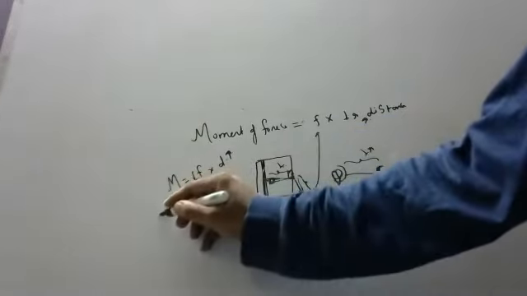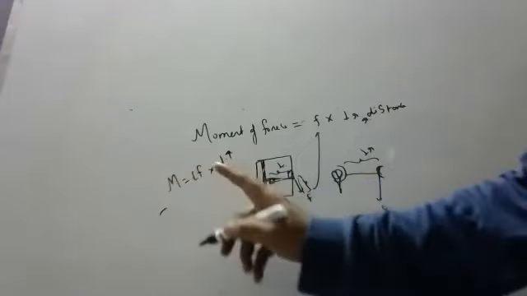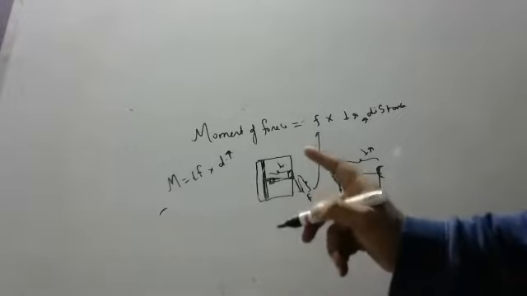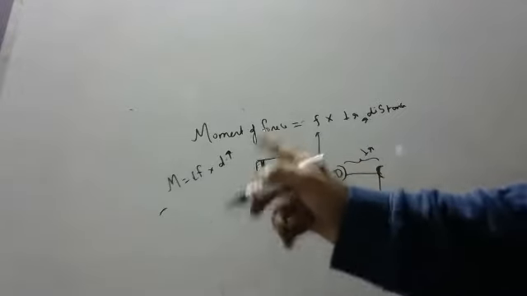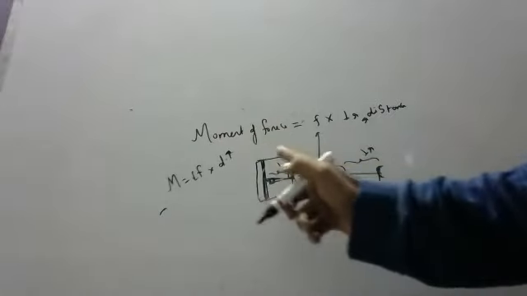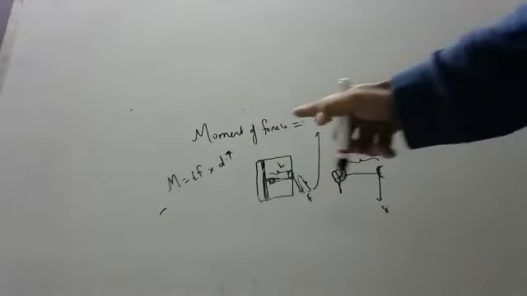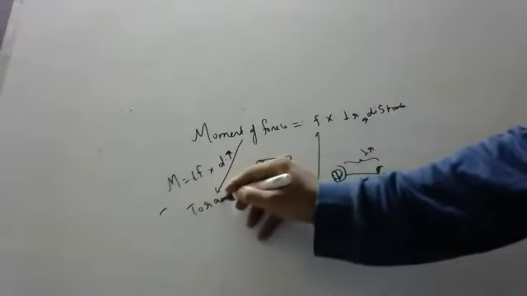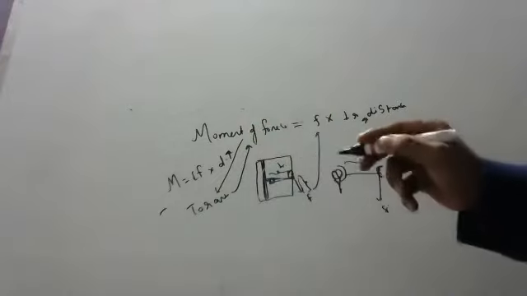This is called the turning effect of the body about the axis, and this moment of force is called torque. What is torque? Torque is the moment of force. The other name for torque is moment of force.